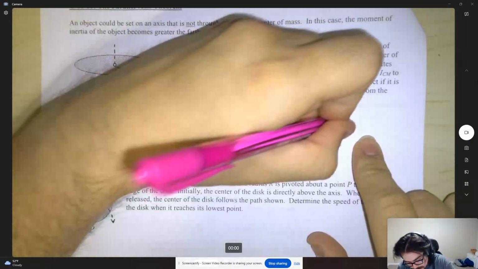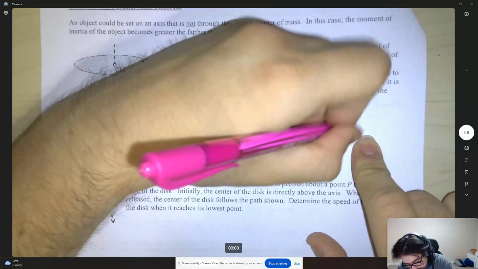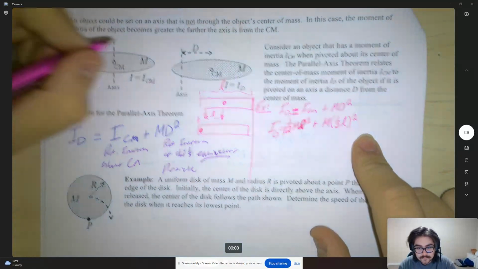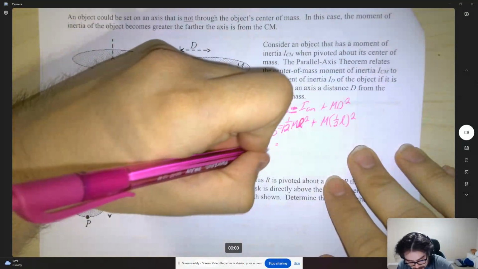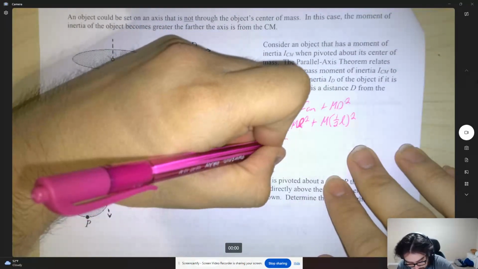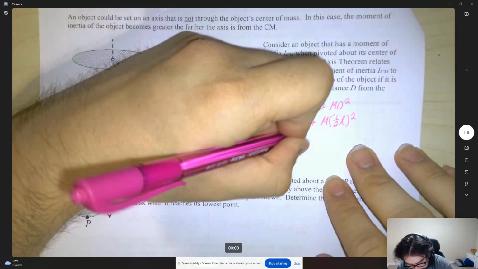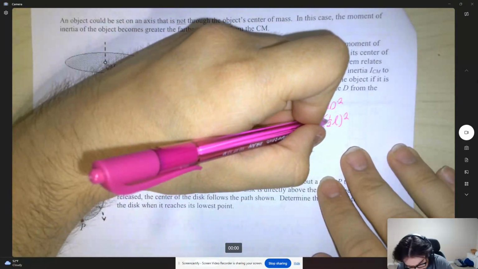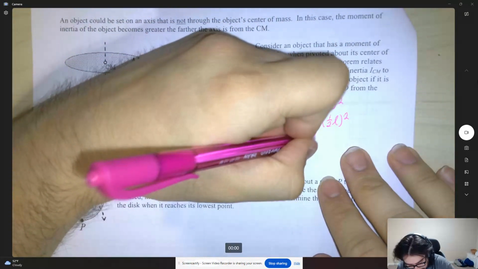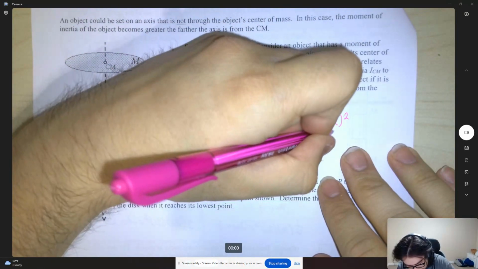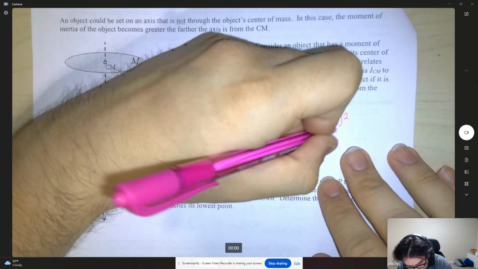So this is going to be 1/2 L squared, okay? Well, when I do that, I end up getting 1/12 m L squared plus m 1/4 L squared, okay?